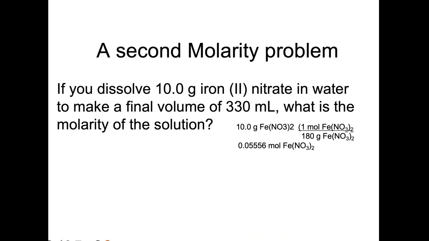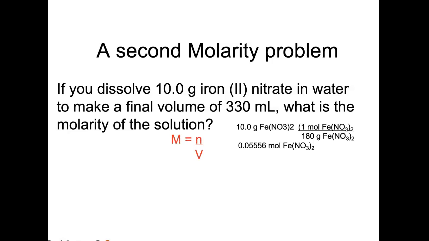If you dissolve 10 grams of iron nitrate in water to make the final volume 330 milliliters, what is the molarity of your solution? Of course, first you have to write the formula for iron nitrate correctly and figure out how many moles are in it. Then what will you do? Well, you'll take your number of moles divided by your volume in liters.